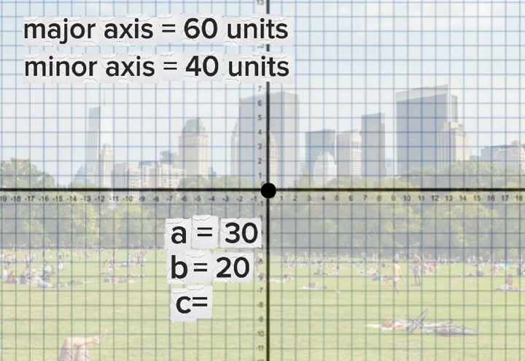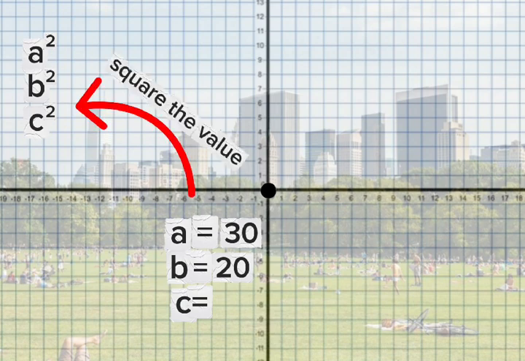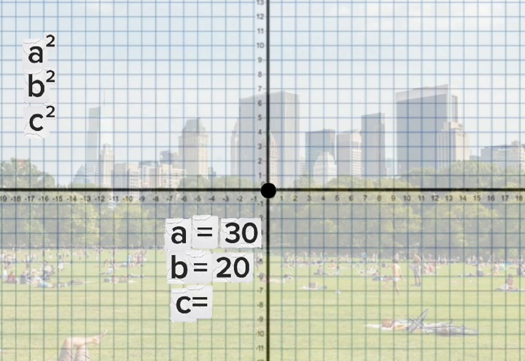But before we can find out the value of our C, let us first solve for A squared, B squared, and C squared. So we will just square the value of our A. 30 squared will be 900. Same goes for B squared. 20 times 20, or 20 squared, is equal to 400.